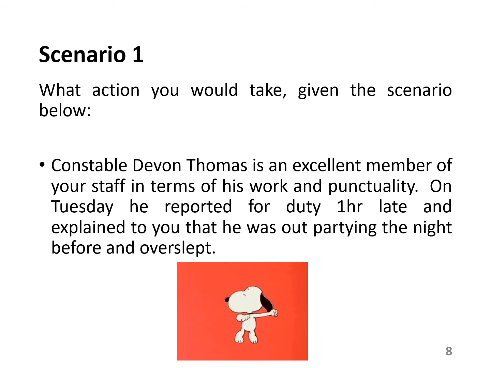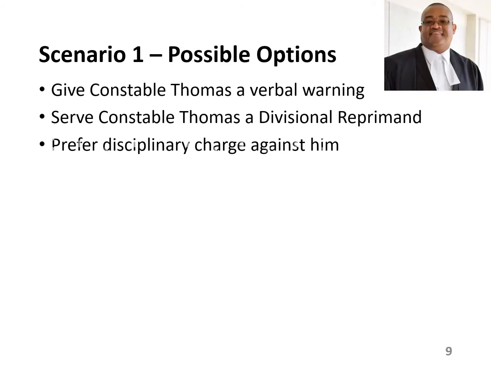In this scenario, there are many options available to you. You could give Constable Thomas a verbal warning. You could also serve him a divisional reprimand. You could also prefer disciplinary charges against him, and there are many other options available to you to deal with this scenario.